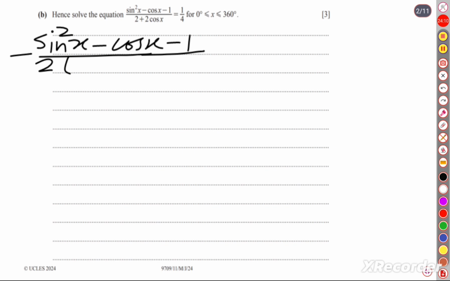So this may be the second step. If we take 2 common, it is 2(1 + cos x), equal to 1/4.